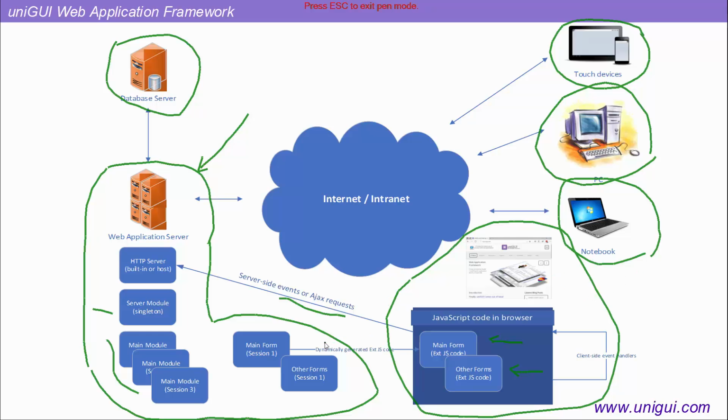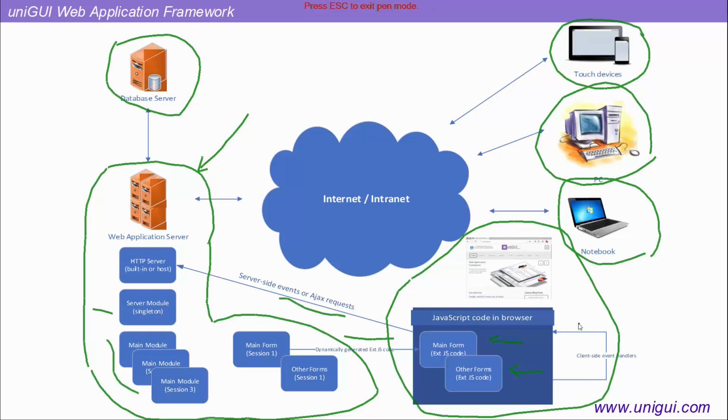So as you can see, UniGUI forms are translated into JavaScript and XJS code, which are sent through HTTP requests to the browser, and the user can see forms, frames, various elements, and grids inside the web browser.